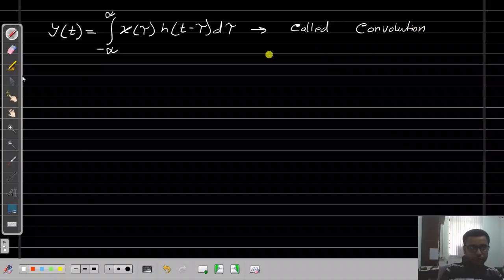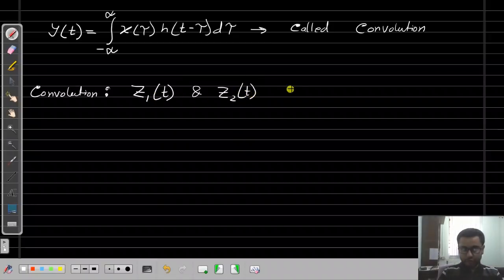What is convolution? Suppose you are given two arbitrary signals, call it z1 of t and z2 of t. Two signals, two functions of time, suppose they are given.